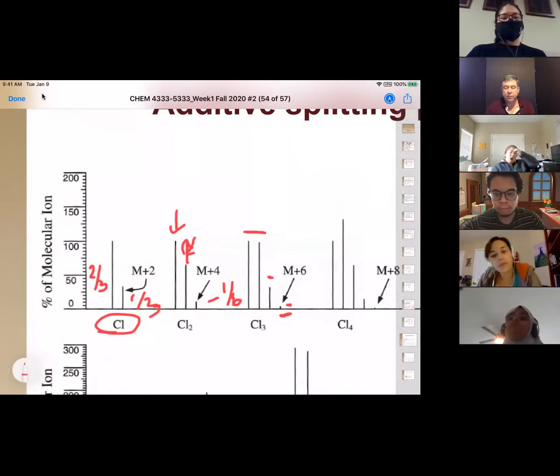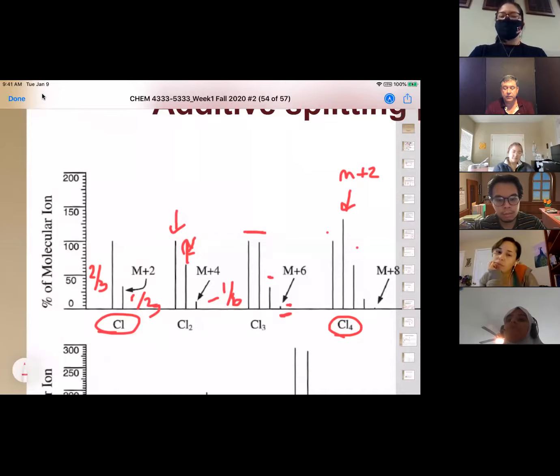And then by the time we add our 4th chlorine here, we have so much more mass at this M plus 2 that it becomes our major peak in that splitting. But we do see our M plus 4. This is our M plus 6. And occasionally, if our resolution is good enough, we'll see an M plus 8.